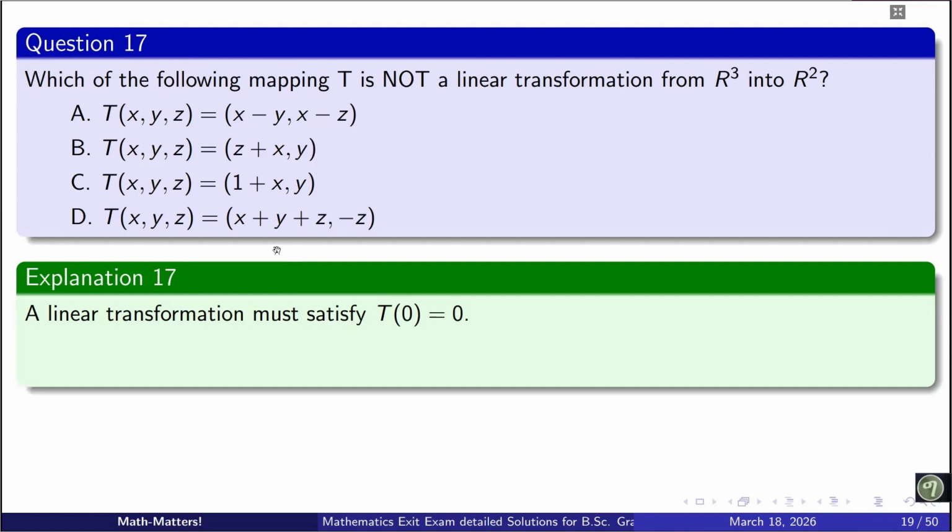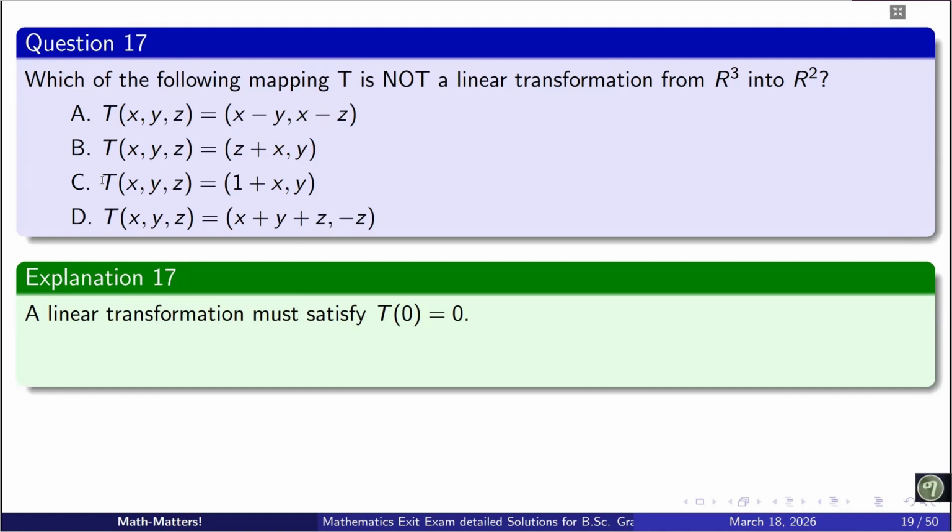So the mapping (x, y, z) to (x minus y, x minus z) is linear. Similarly, if we check T of 0, 0, 0 in the next one, every variable is 0, that gives 0, 0, so this is also linear.